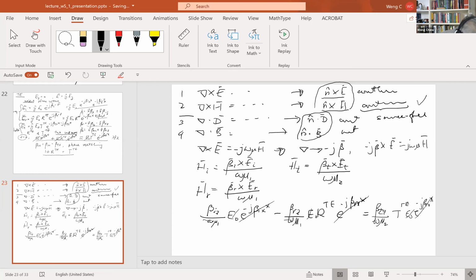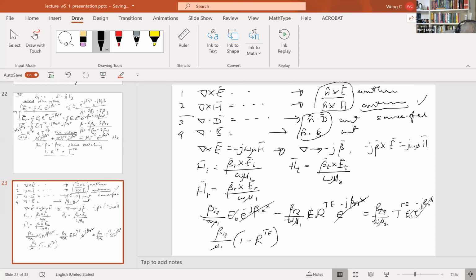Okay, and then I'm ending up with an equation where omega can cancel on both sides. And then I'm ending up with the equation that says beta Iz over mu1 times 1 minus R_TE.